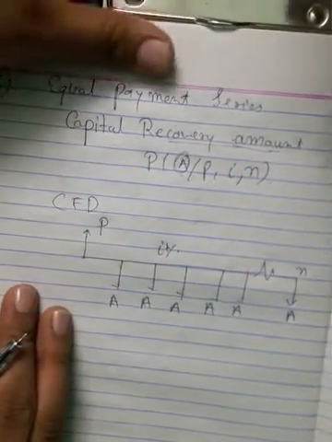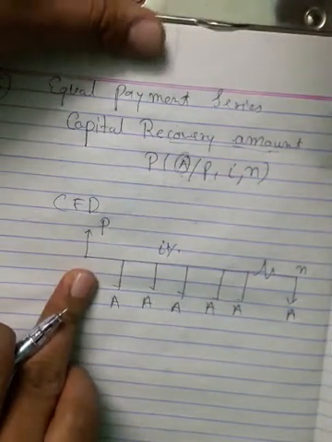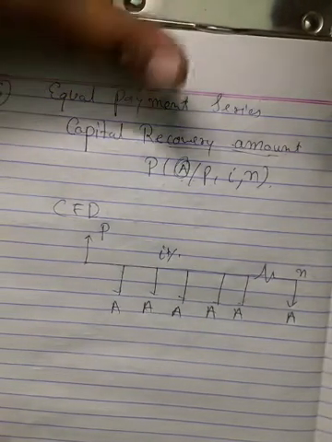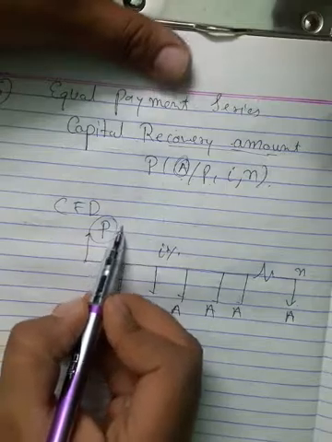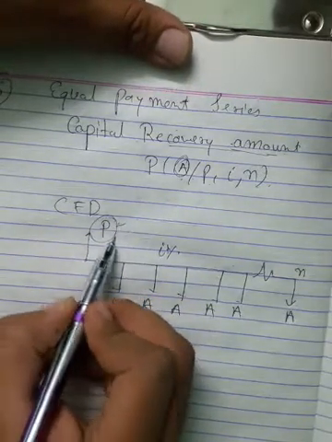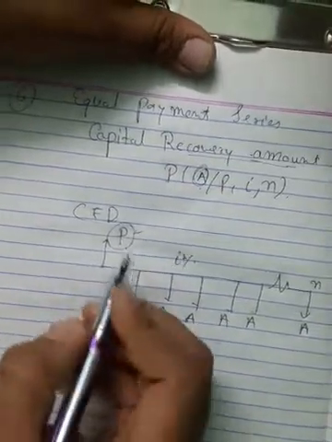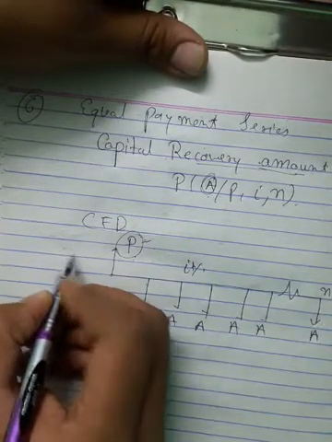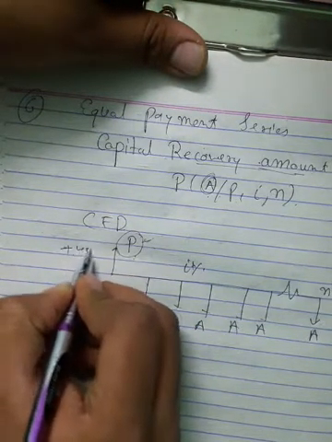Here it is the present amount. We can easily understand this: suppose anyone wants to get a loan. The present amount is in the form of a loan that he is going to take. That is income for that person, so it is a positive sign.